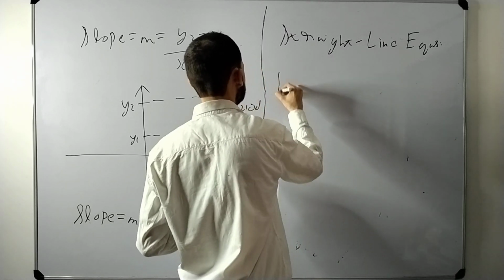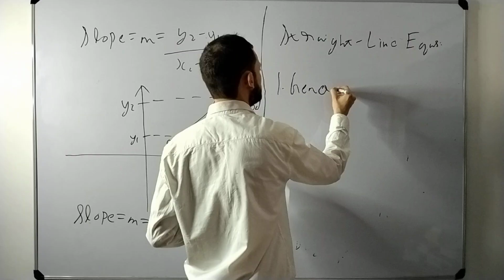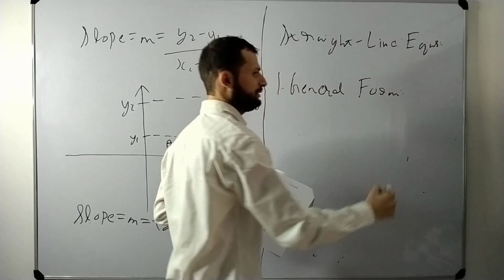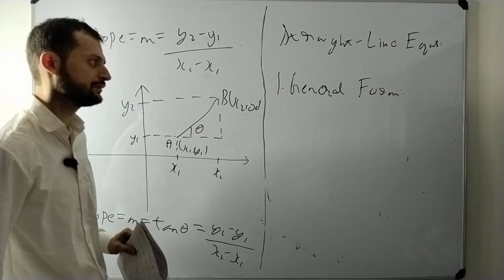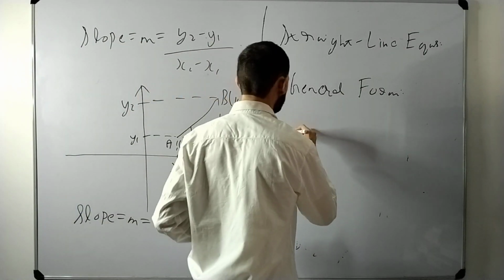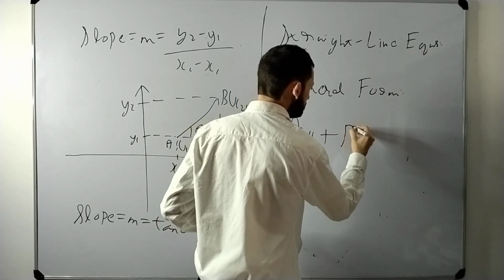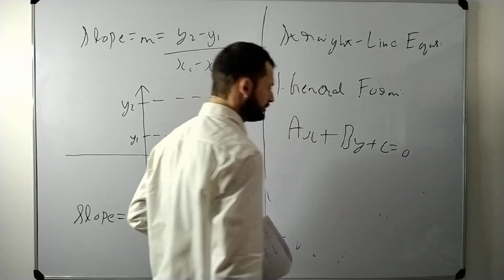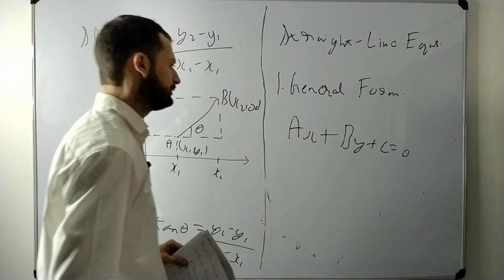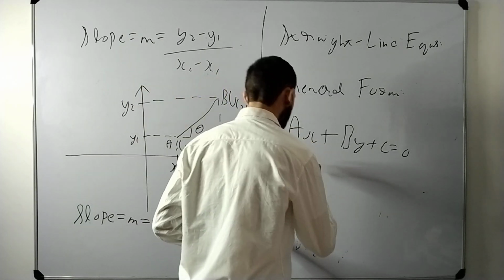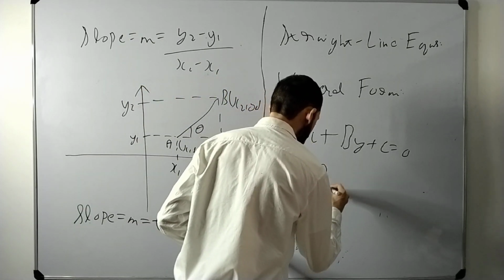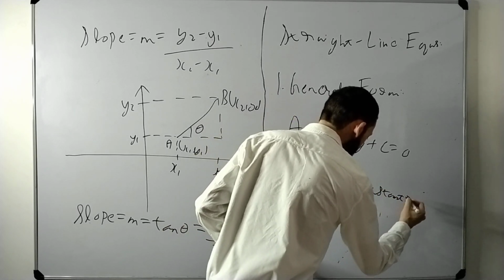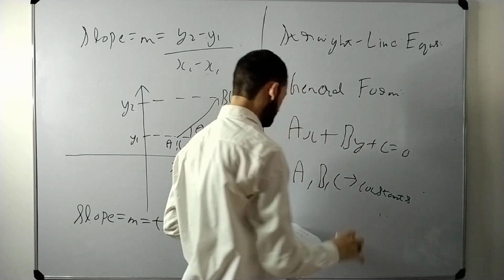First, the general form I want to discuss. What is the general form of a line? ax plus by plus c equals 0 is the general equation of a line, where a, b, c are constants. Very important. And x and y, of course, are the coordinates.